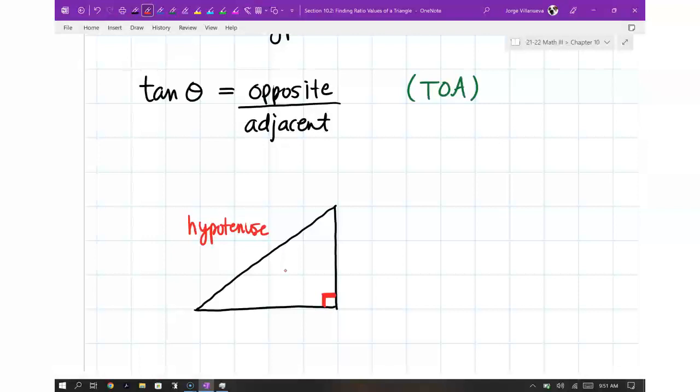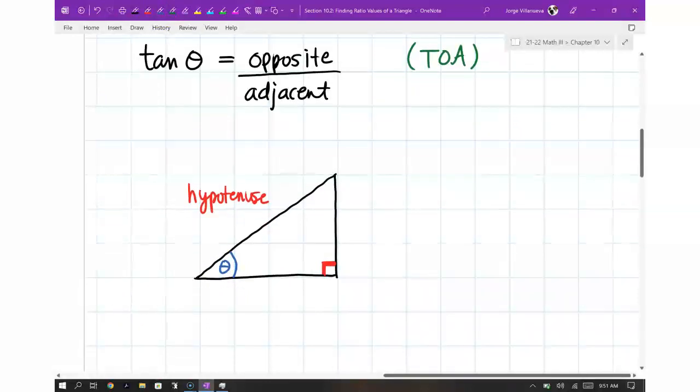It's also the longest side. If you look at a picture, it'll be the longest side, but sometimes it's a little tough to tell. So just remember, it's the opposite side of a 90-degree angle. Now, let's pretend that this is the angle in question. This is my theta. The opposite side of that is over here.